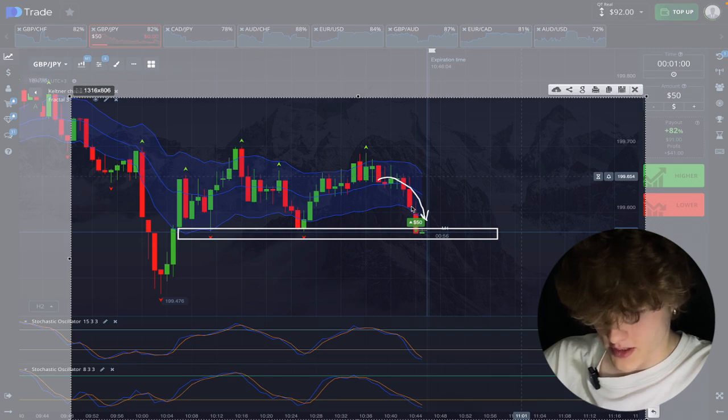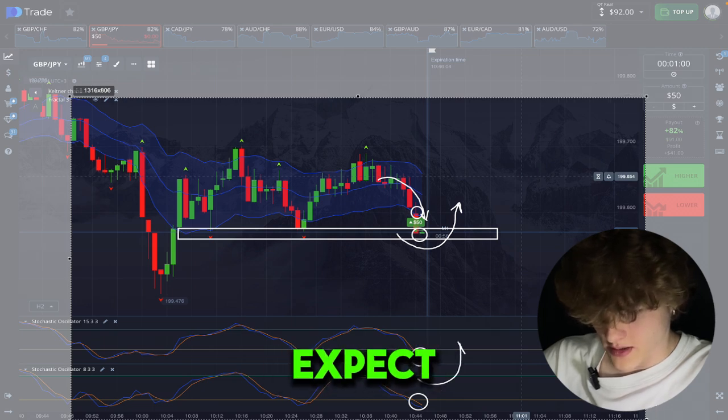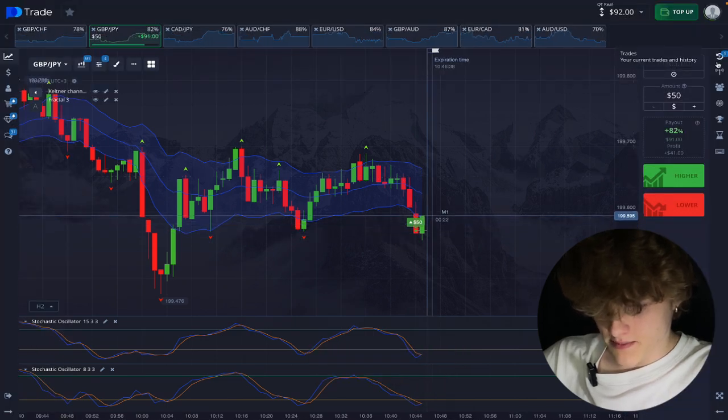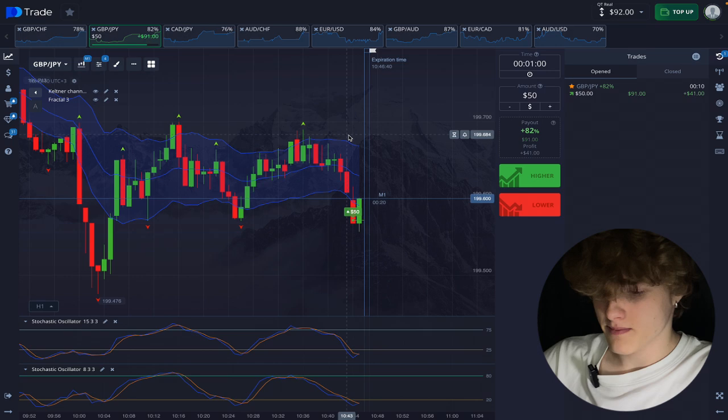The crossover occurred here. In general, for the dynamics of this movement, the upward impulse should be formed again. Also, the moving line of the oscillator is within the oversold area. We can also expect a reversal from there. Okay, look at the results.